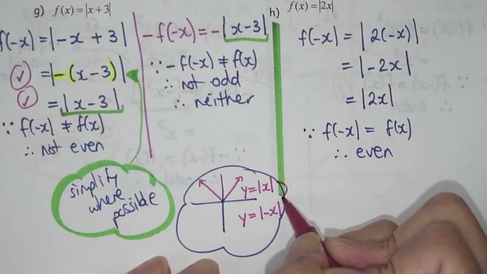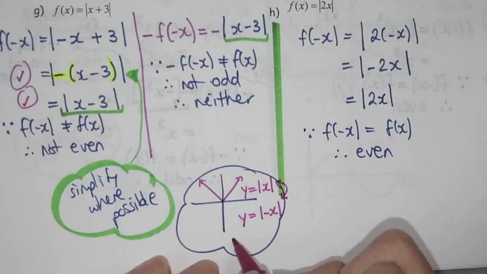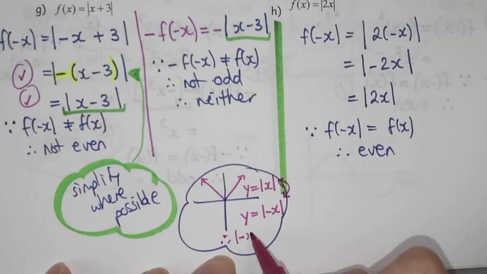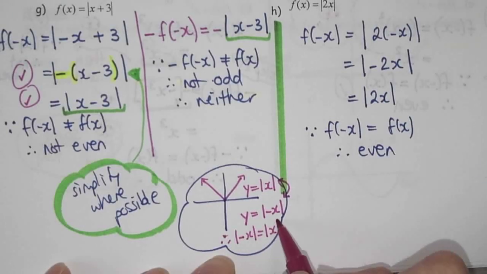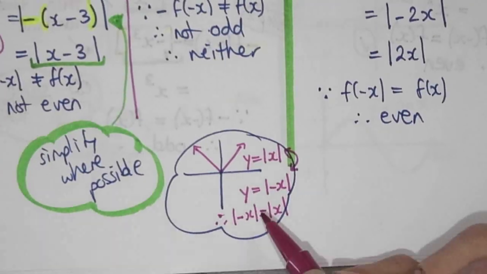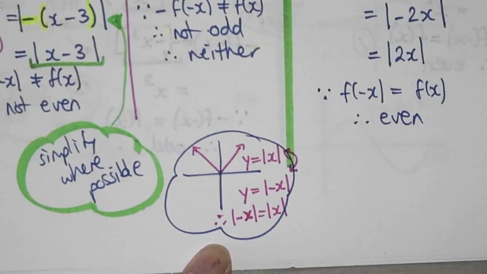They are equal. So that's where I said if I have the negative, I'm just going to simplify it to x. I know that this is the original. I did a horizontal reflection. Nothing happened. And that's why I said the horizontal reflection is equal to the original. So we're good to go.